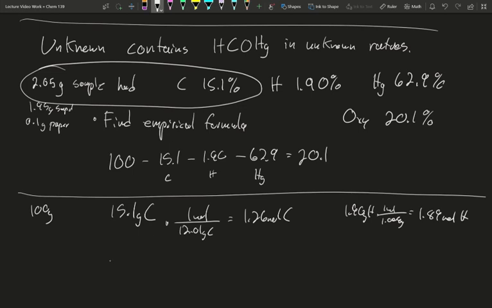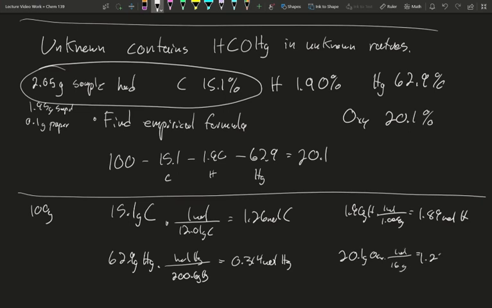I can do that for my mercury, 62.9 grams of mercury at 200.6 grams of mercury in 1 mole of mercury, for 0.314 mole of mercury, and the presumed amount for oxygen of 20.1 grams of oxygen, and there's 16 grams in 1 mole, for 1.26 mole of oxygen.